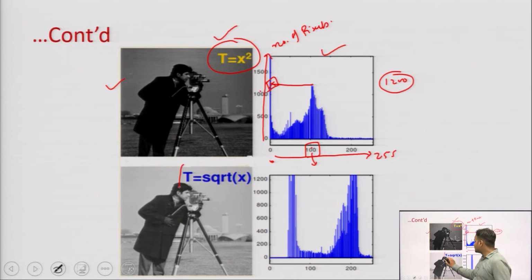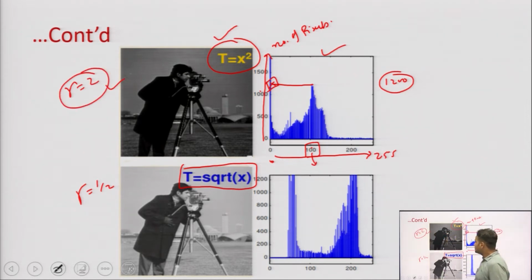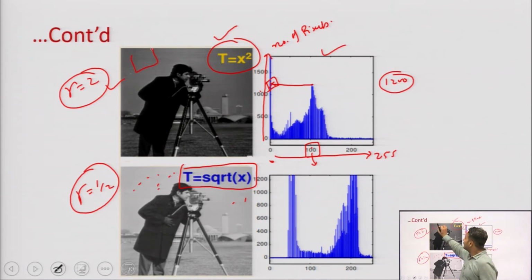If we choose another nonlinear function, t equal to square root of x, here gamma is 1 by 2, and in the previous case gamma is equal to 2. So, you may observe that if gamma decreases, then the important region gives a good result, and the outer portion does not give a very good enhanced image. Here you may observe the value is showing black, or you can say it has a higher pixel value.